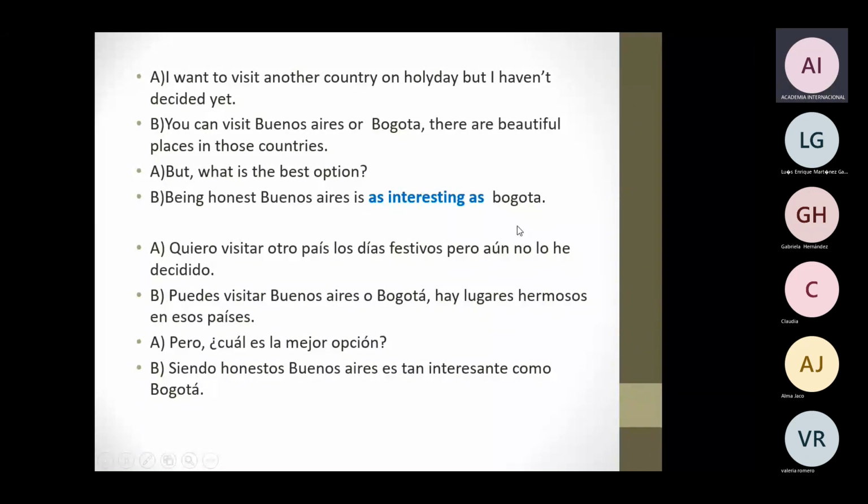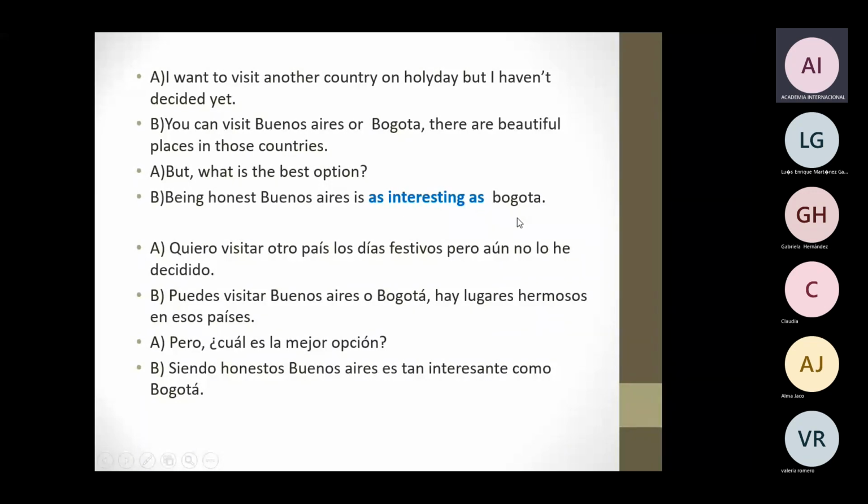Estoy comparando, ¿verdad? Porque en la conversación alguien dijo, you can visit Buenos Aires or Bogotá. There are beautiful places in those countries. But what is the best option? Being honest, Buenos Aires is as interesting as Bogotá.